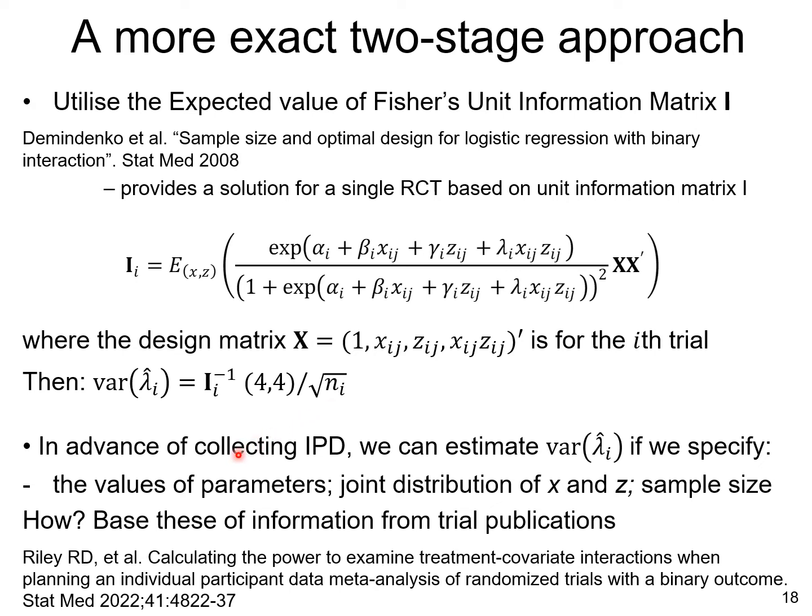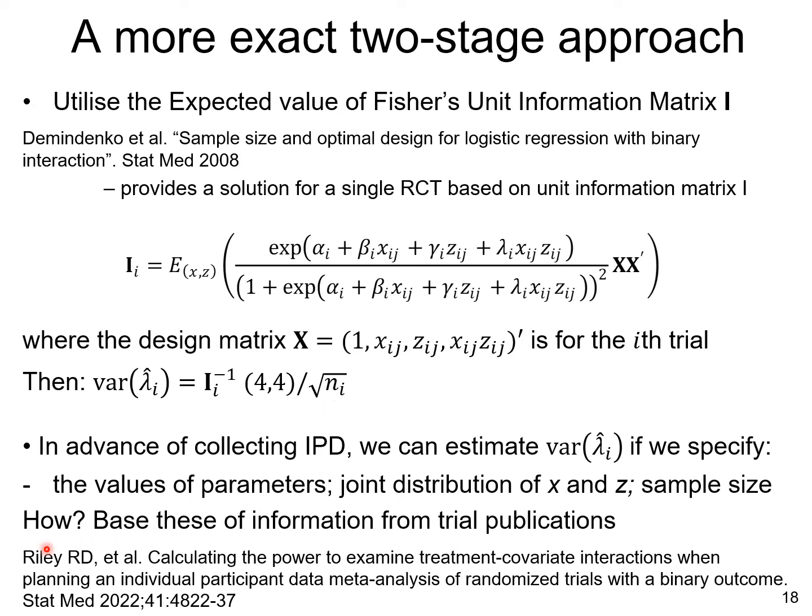So in advance of collecting IPD, we can estimate the variance of the interaction estimate if we are willing to specify or assume the values of alpha, beta, gamma and lambda, what the joint distribution is of x and z, and the sample size.